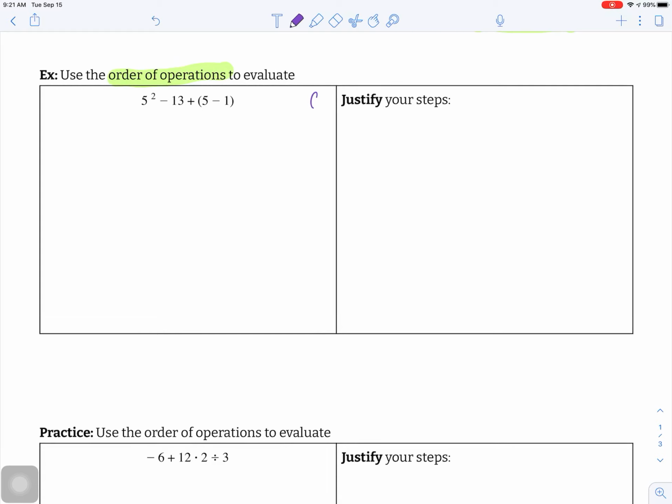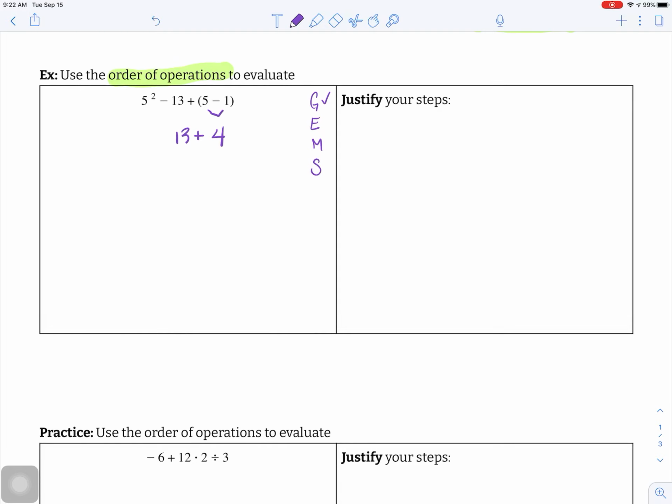So let's write down our order of operations. And when I think about that first step, we absolutely have grouping symbols. So I'm going to start by taking 5 minus 1, which is 4. As soon as you just have a single number inside the parentheses, you don't need to rewrite the parentheses.